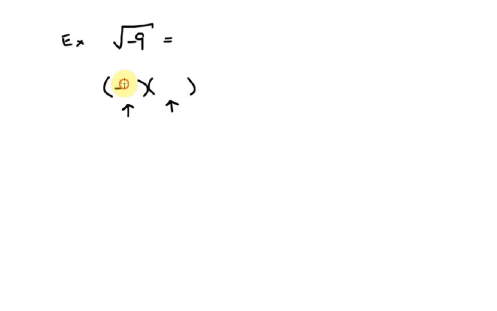So even if you tried negative 3, this would also have to be negative 3, and that makes positive 9. There's no way to get something times itself that makes a negative 9. So there's no answer. We use this little symbol here, which basically means empty set or no answer. It could also be interpreted as not possible, impossible.